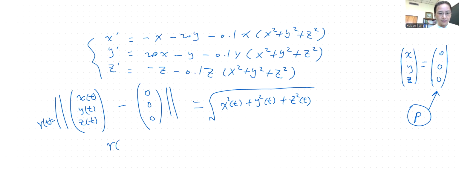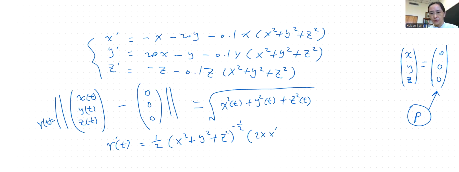If we take a derivative with respect to t by the chain rule, it is one half of x squared plus y squared plus z squared to the negative half, and continuing with the chain rule, 2x x prime plus 2y y prime plus 2z z prime. Then the half and 2 can be canceled.